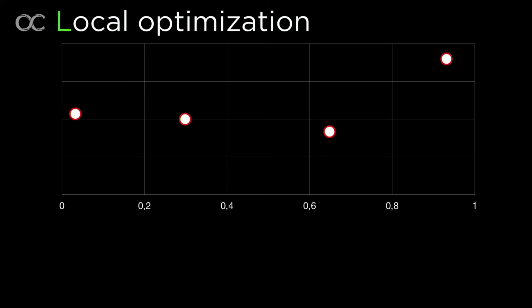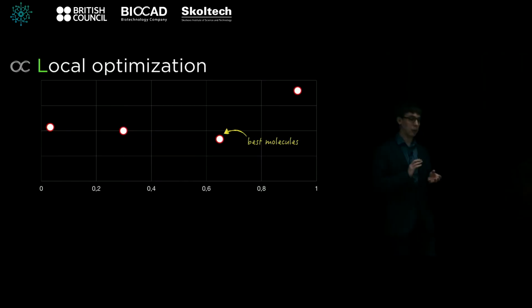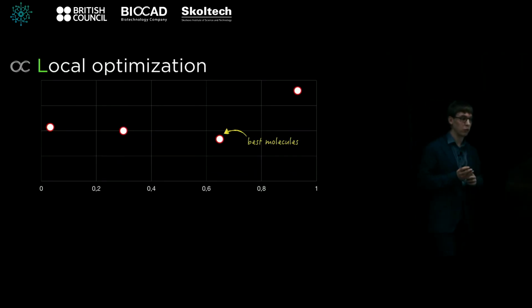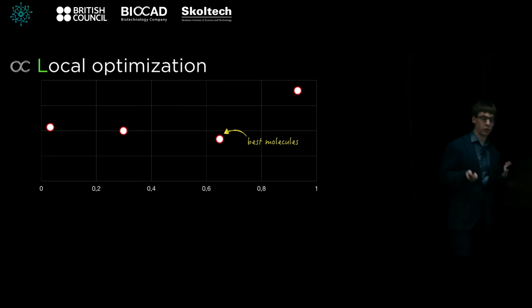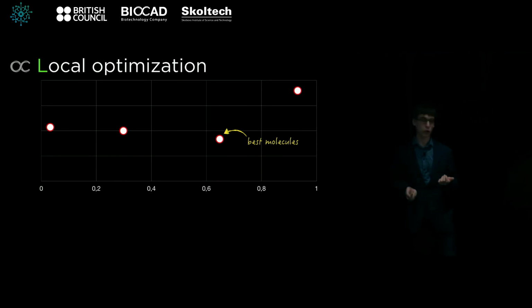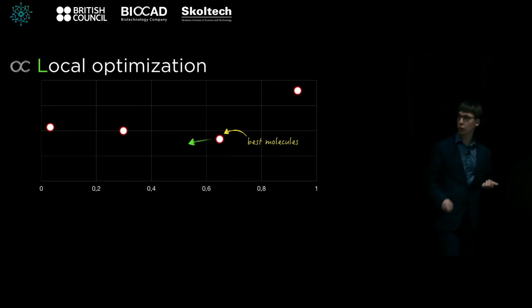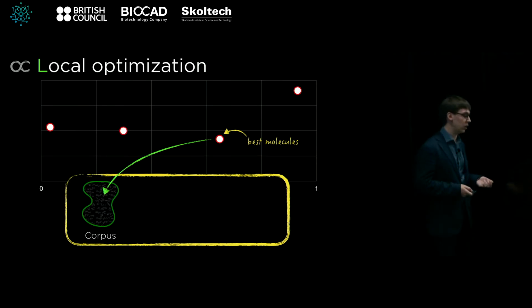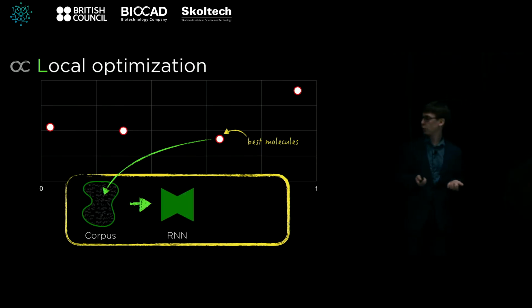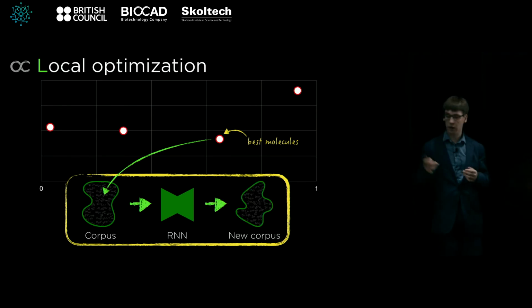So we wanted to find some best molecules and generate something nearby that will maybe have some more suitable properties. To perform it, we select the best molecules we have to some corpus and train a recurrent neural network to generate some molecules that look like the molecules in the corpus, but are different from them.